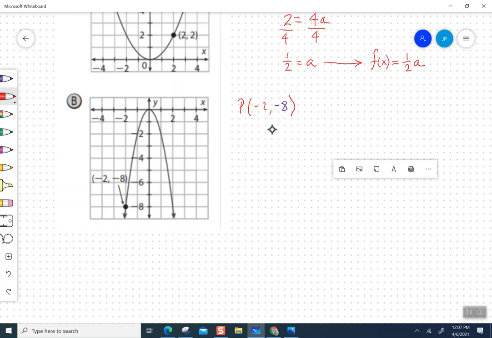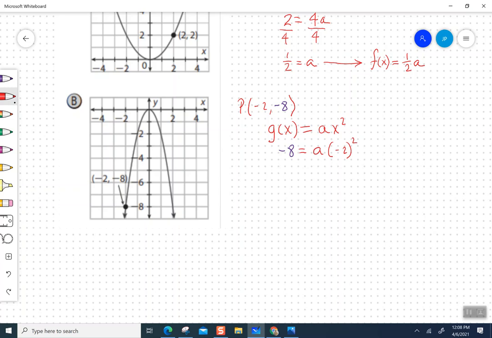This one we're going to call g of x just to keep them separate. g of x equals ax squared. And now, anywhere I see a y, I'm going to plug in a -8. And anywhere I see an x, I'm going to plug in my -2.